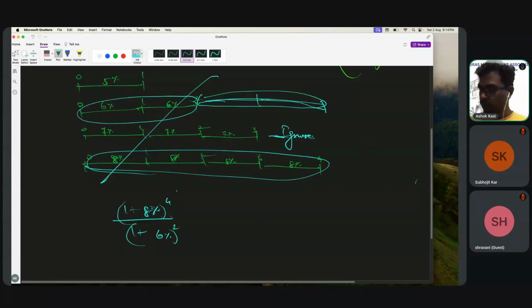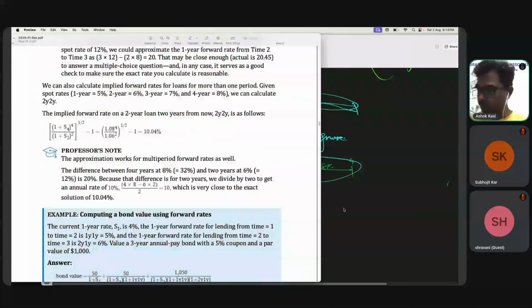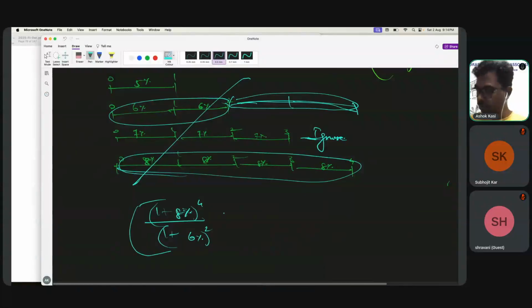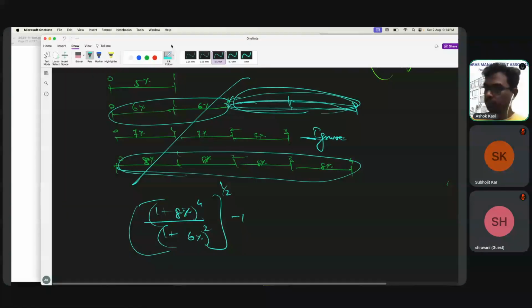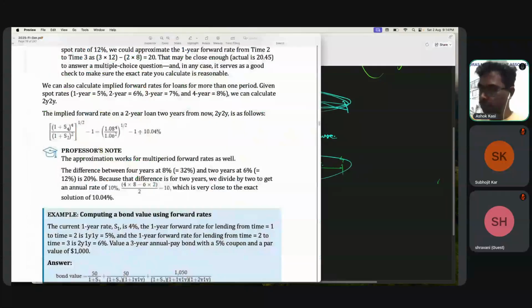Now you will get it for 2 years, but you want it on a per annum basis. Rates are always quoted per annum, so we will raise to 1 by 2 and then minus 1, which gives you 10.04 percentage. Is it okay? Yes, sir.